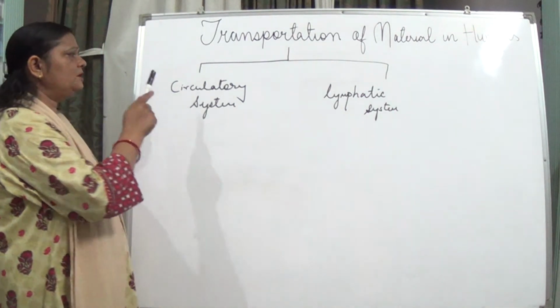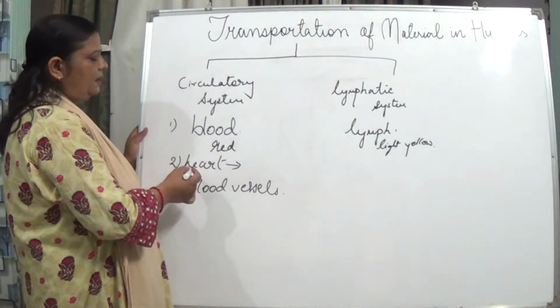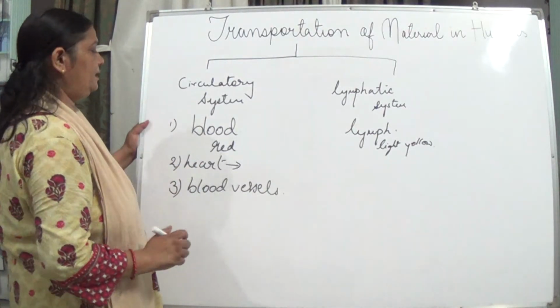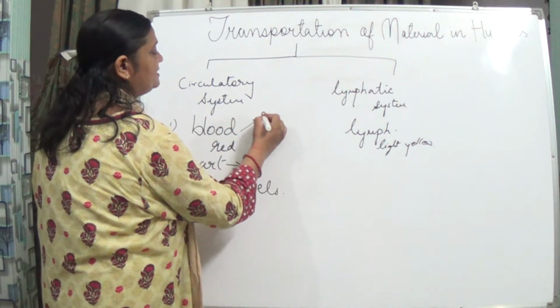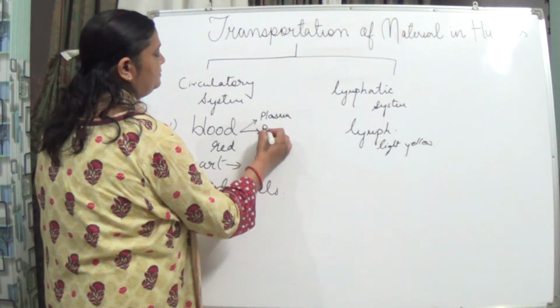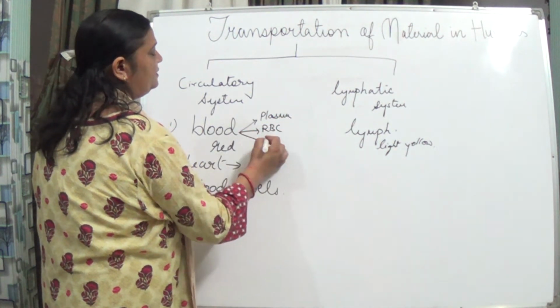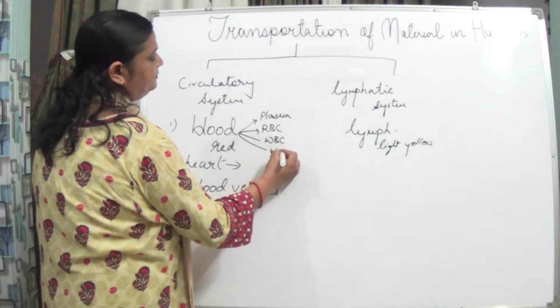The circulatory system consists of blood, heart and blood vessels. Blood is formed of plasma, RBC, WBC and blood platelets.